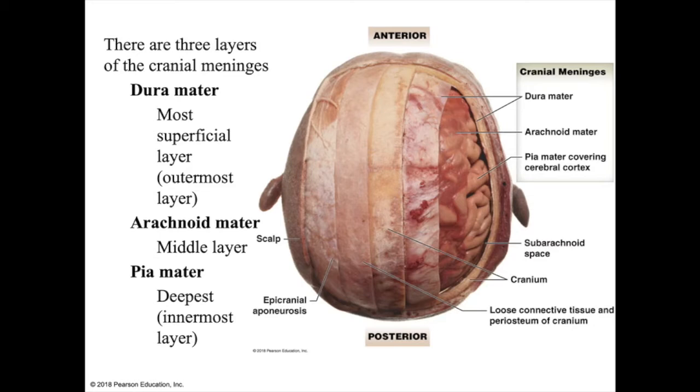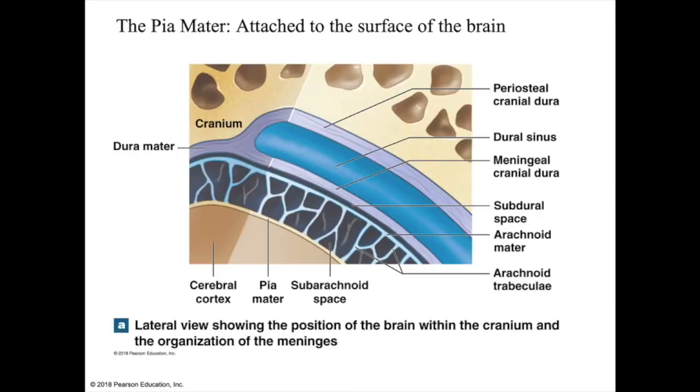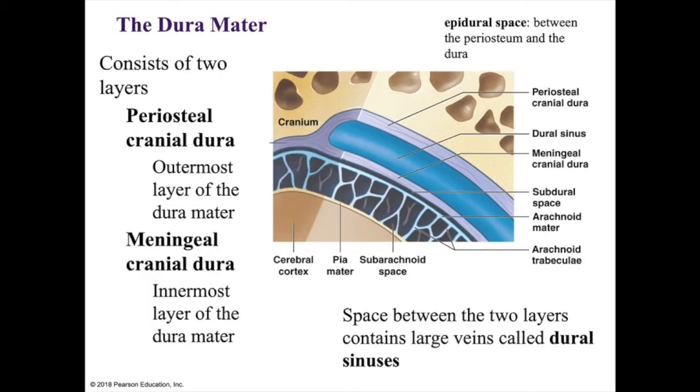So going through this more slowly, here you have the dura, the arachnoid, and the pia. The pia is attached to the surface of the brain. This is the innermost, and the outermost is the dura. The dura may consist in some areas more clearly than others of two layers.